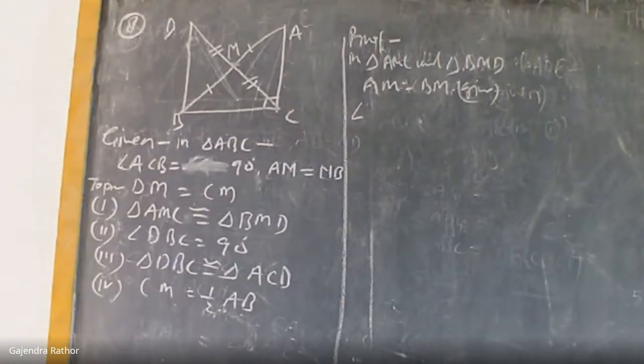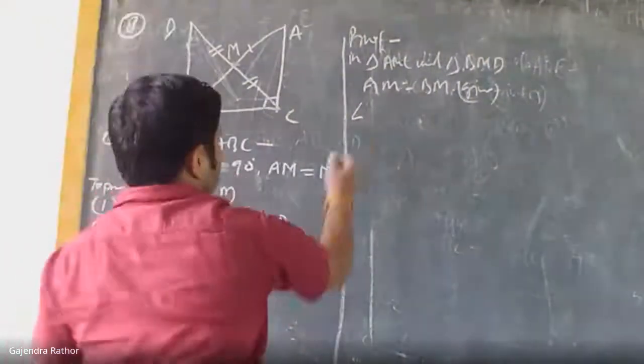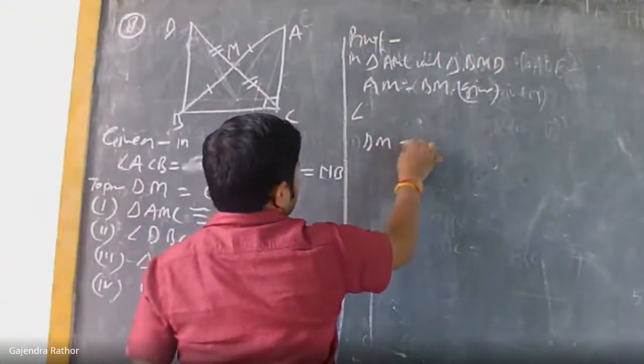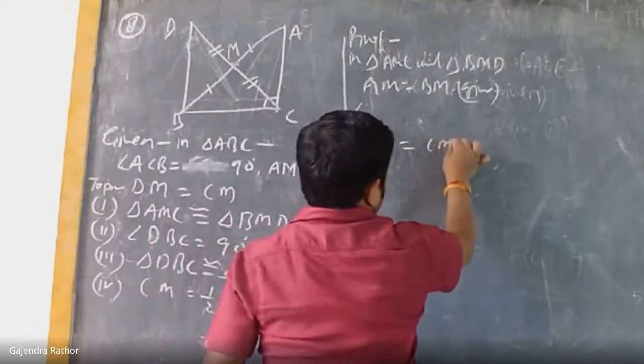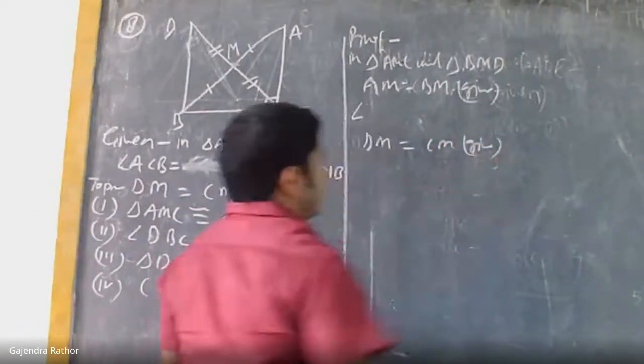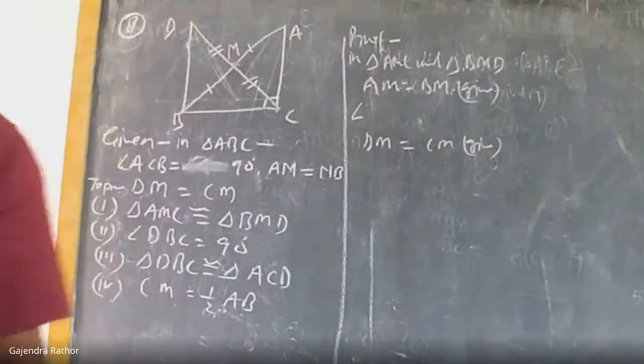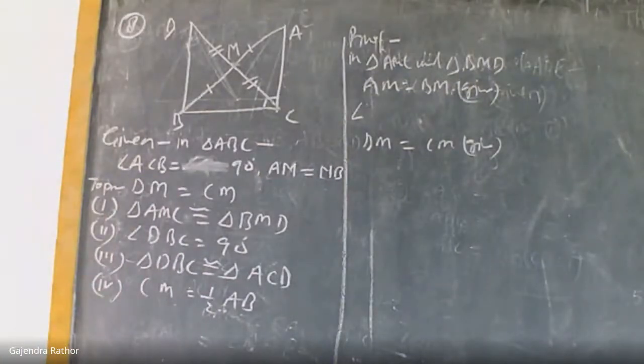This is also given. We need 3 parts. What is the third part? Okay, as you write, DM is equal to CM, which is also given. But we have only two parts. We need three parts to prove that the triangles are congruent. Anybody reply the three parts?